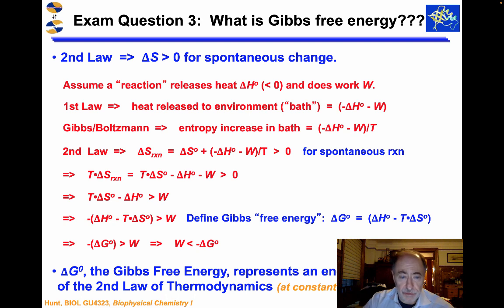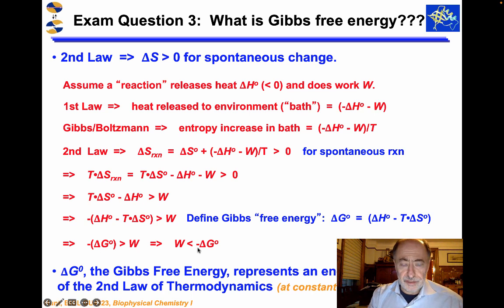The maximum amount of external work that can be done by the reaction is going to be negative delta G0. So this does reflect that the free energy is the maximum amount of work that can be done by the reaction. And so this comes back to what it means that work can be done.